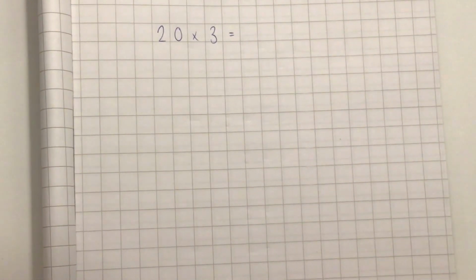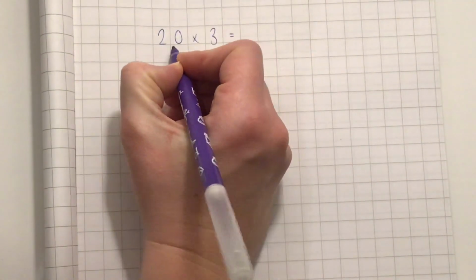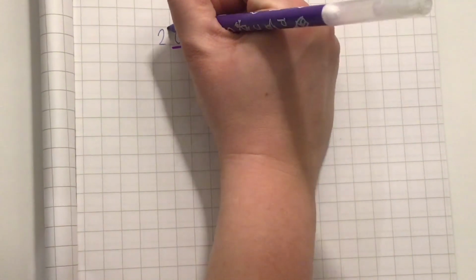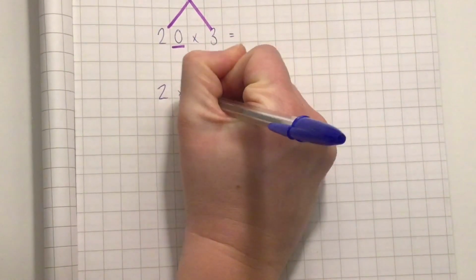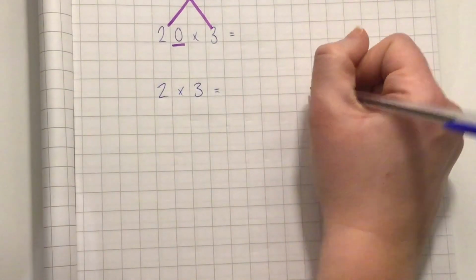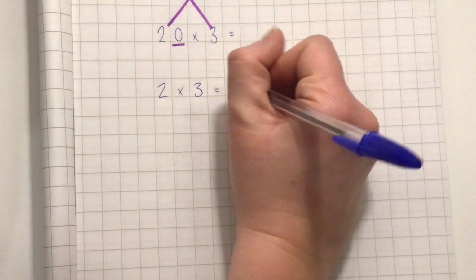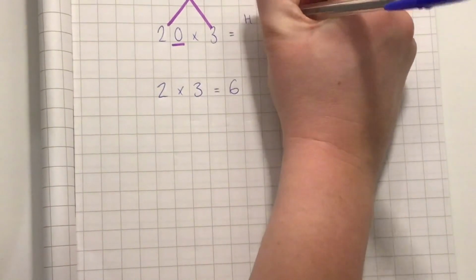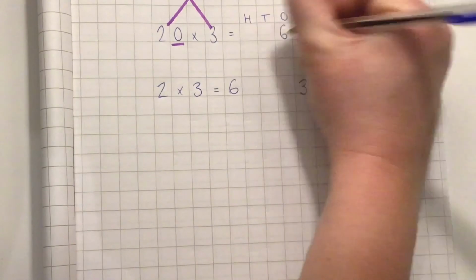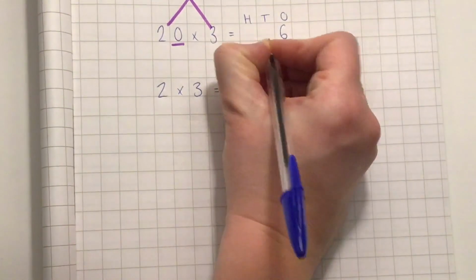Final question now, 20 times 3. So ignore that 0, draw your wizard's hat. Our new multiplication is 2 times 3. So let's count up in 3s twice. So 3, 6. So 2 times 3 equals 6. Write out my place values and let's get ready to move that 6 one place to the left.